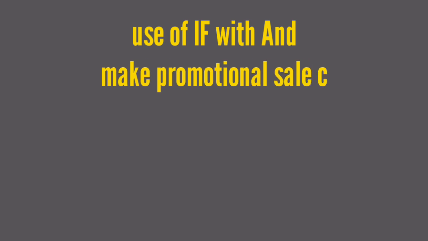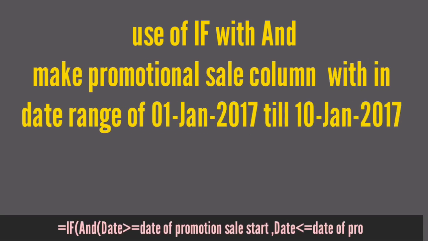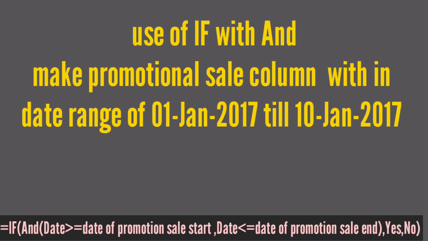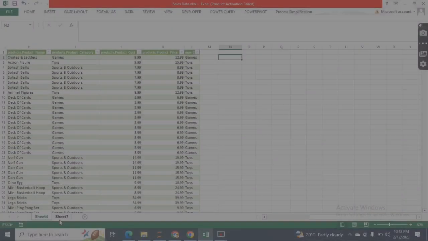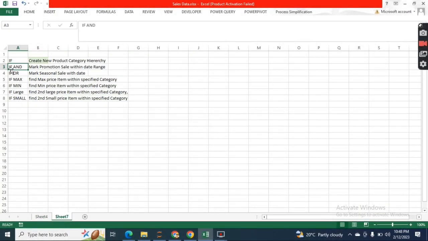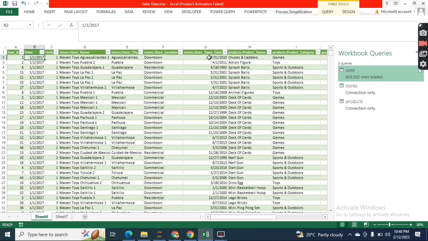So let's move to the next query, that is IF AND. In that case, we are going to make a promotional sale period within a date range, where we'll use IF with an AND condition. So let's begin. There is a date column here, and I'll take out two dates, and we are assuming that these dates are the promotional sale period.